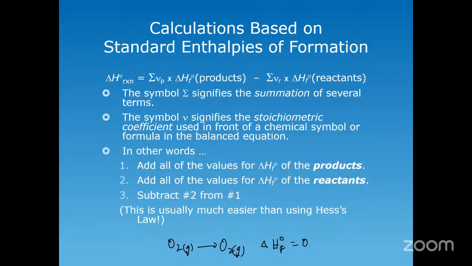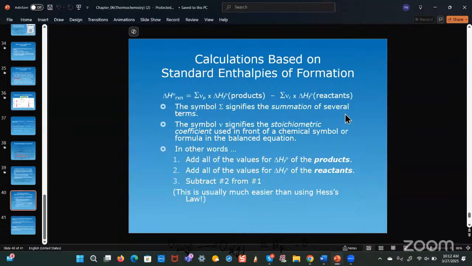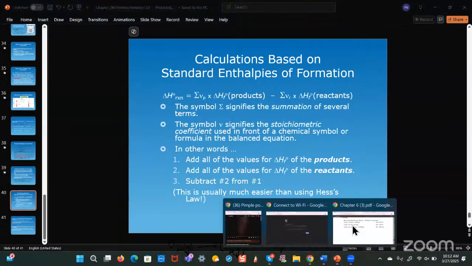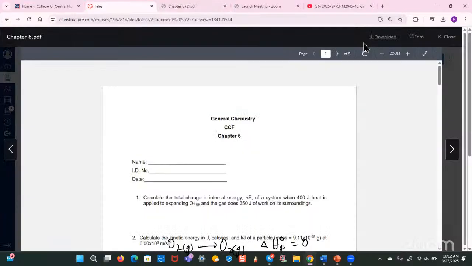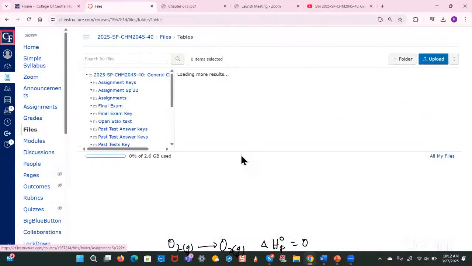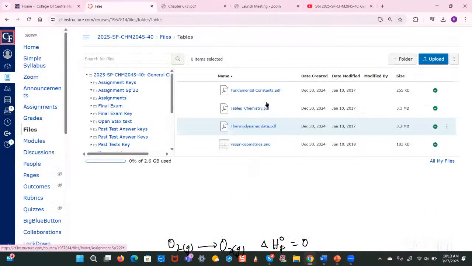Okay, so before I go on, let me show you the table that you're going to use to do these types of calculations. So let me go to files. We close this. Let me go to tables.